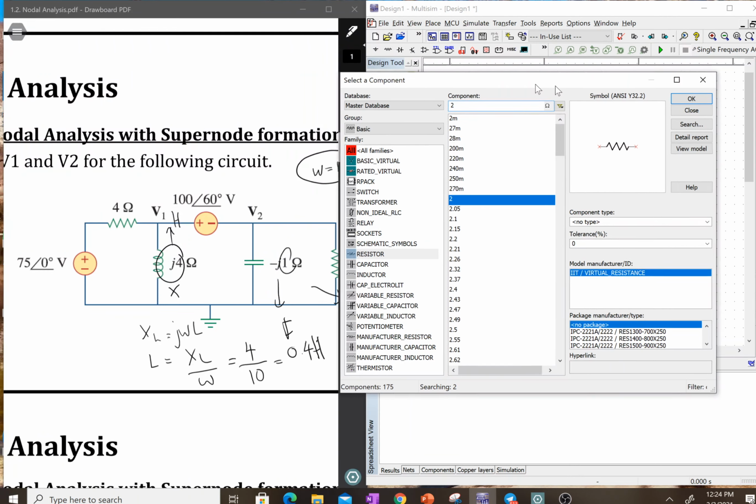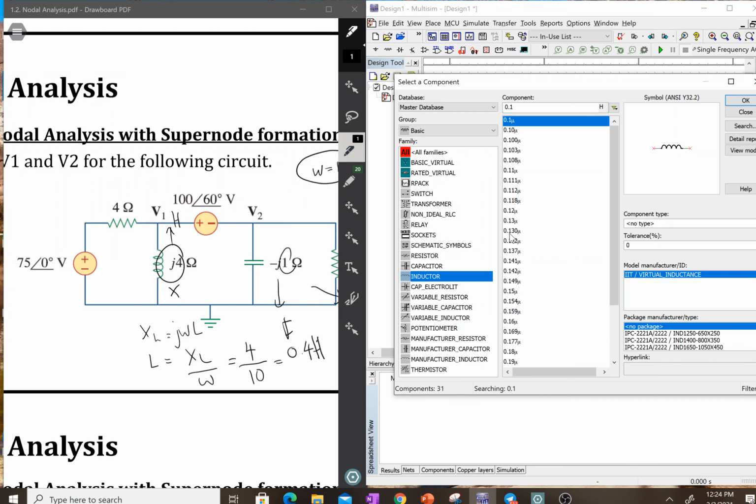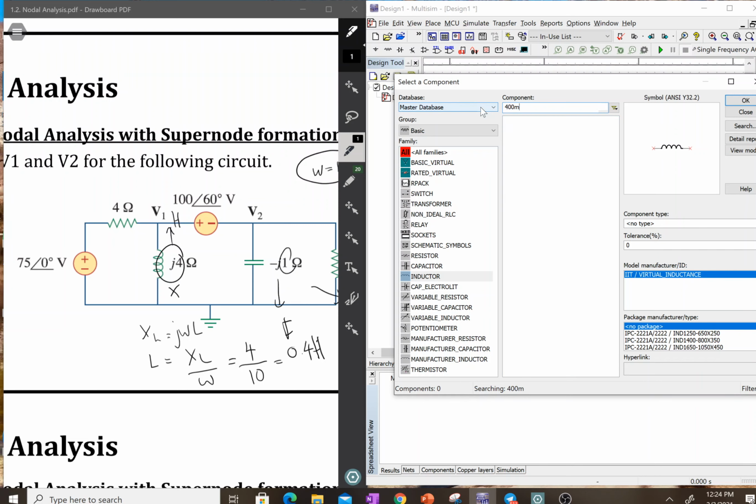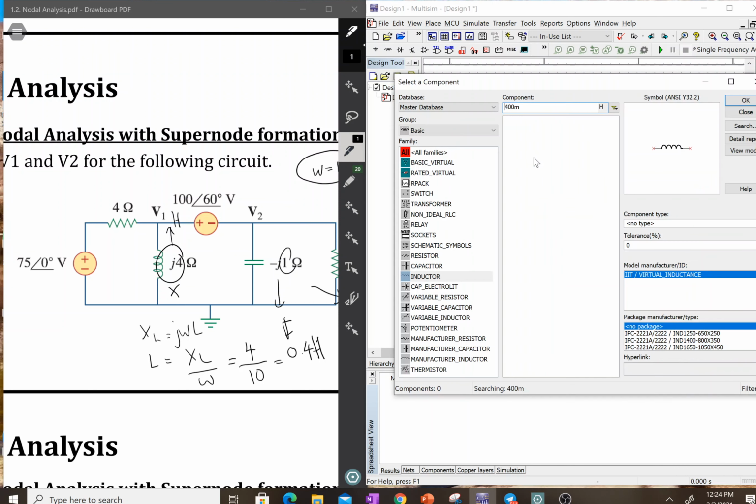So, under the same group, which is under the basic group, you can select the inductor first. So for the inductor, we need 0.4, or maybe you can write down 400 milli, it is the same. Okay, so this is 400 milli.